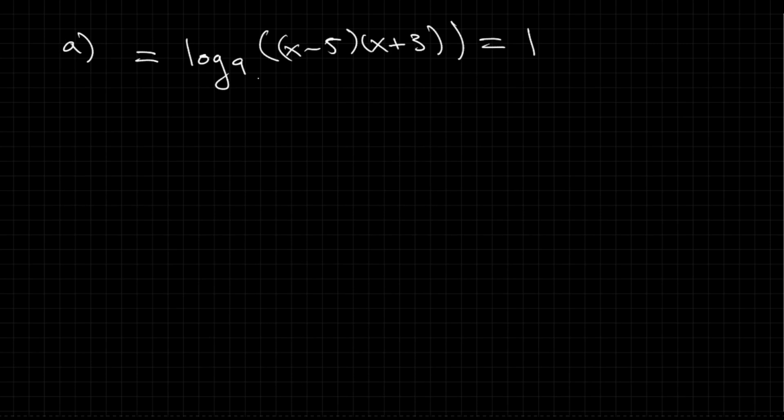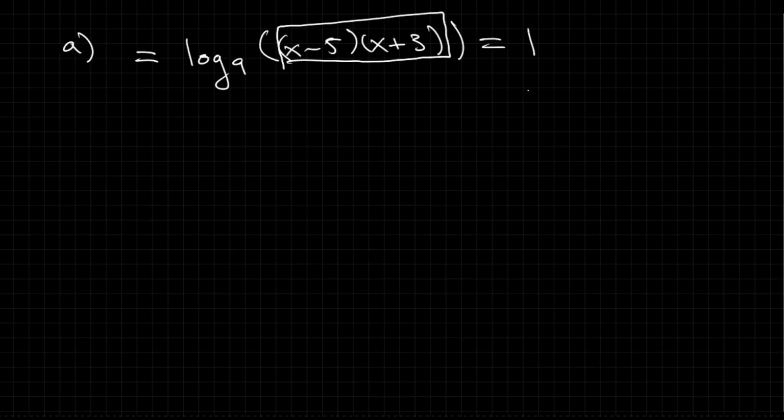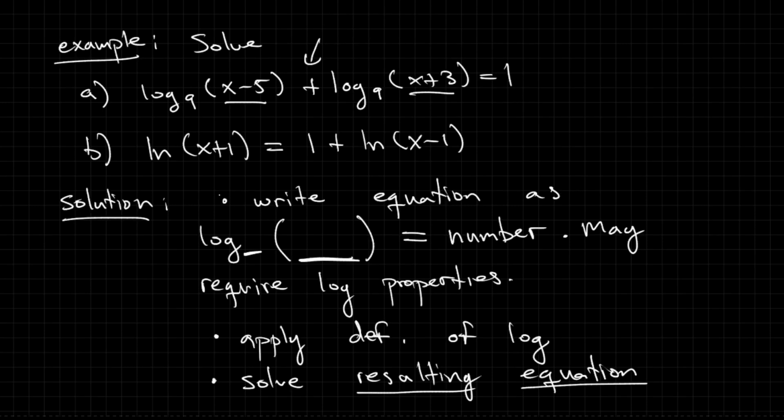So now I have a log of a single thing, as opposed to two logs being added together, equals 1. And so now I've done my first step here. Now I'm going to apply the definition of the log.